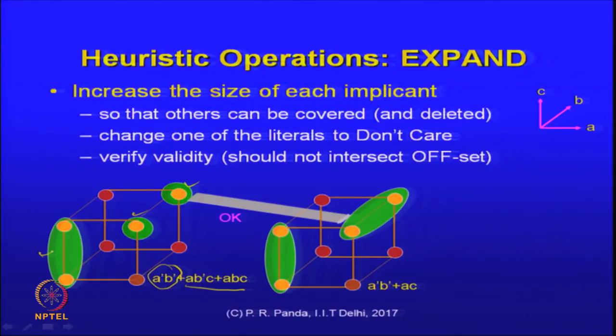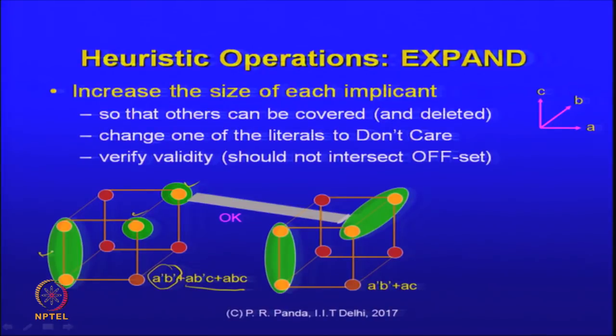And the point of the expansion operation is to just try and increase the size of each implicant. Why do that? That reduces the number of literals, of course, when you expand the size, but remember the objective of the two level minimization is not merely to reduce the number of literals, it is to reduce the number of cubes, number of product terms.